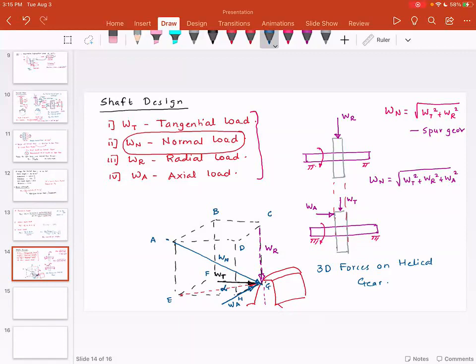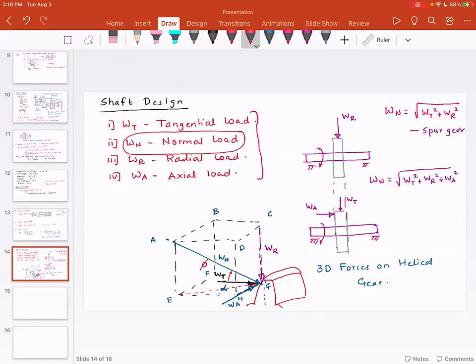Now, the next angle that is quite important is the angle between the normal force and the tangential force, and that is nothing but the pressure angle. So if you look at the projection here, this is the pressure angle phi.